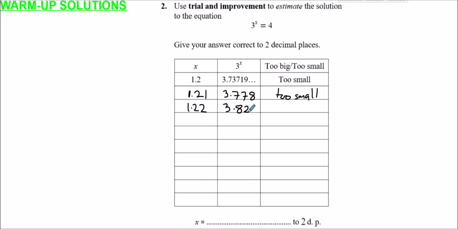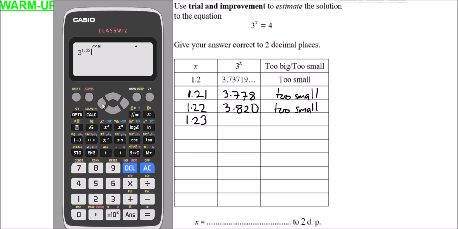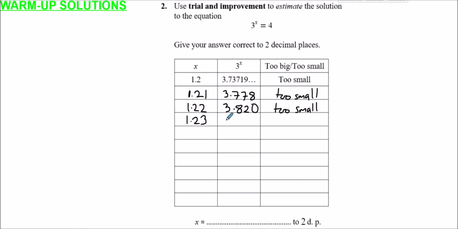Now you could skip ahead and try 1.25 or something, but I always just do it step by step, which sometimes infuriates my students. Because I'm quite close, I think I can just do it step by step. Anyway, 1.23, going up the other step. 1.23 would give us 3.862 to 3 decimal places, which again is obviously too small. 1.24.